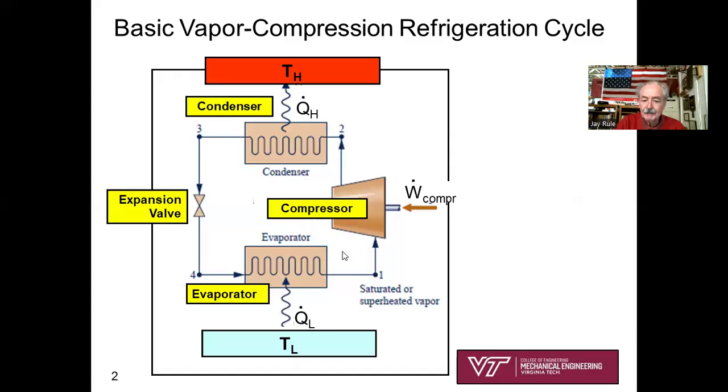Saturated mixture coming into the evaporator. So we're absorbing heat into the evaporator from a cold space, and it's going to stay cold, and that's what's going to enable us to go back into the compressor and repeat the cycle over and over again continuously. So I think you've got that part, of course.